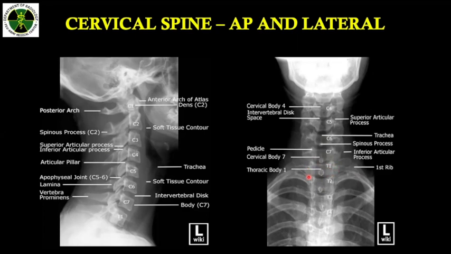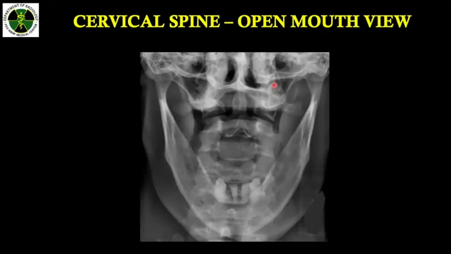So this part of an AP radiograph appears as an owl with eyes, with the pedicles as the eyes and the spinous process as the beak. An open mouth view can be requested to see the dens and its relationship to C1.